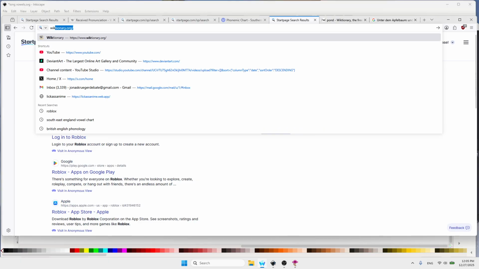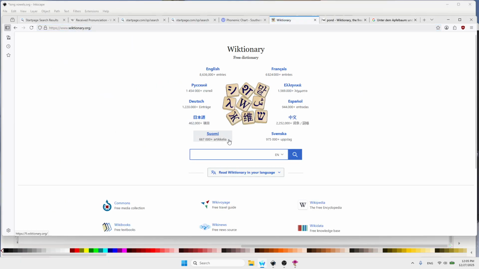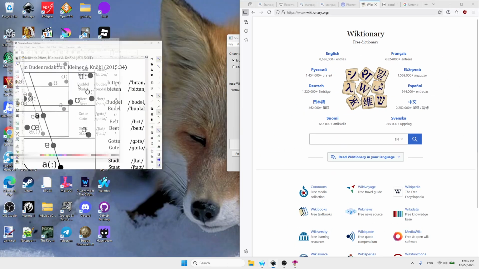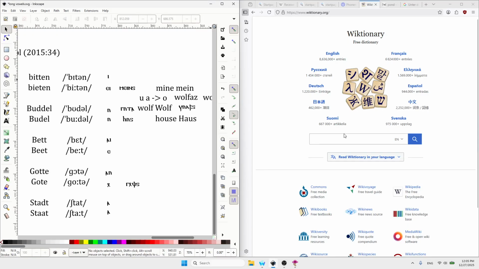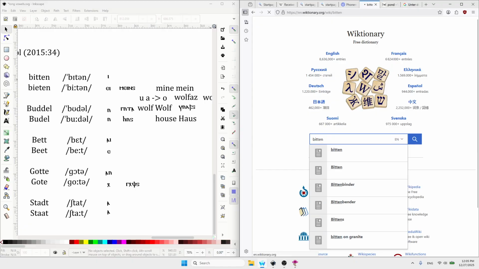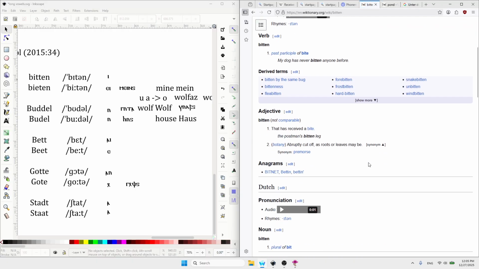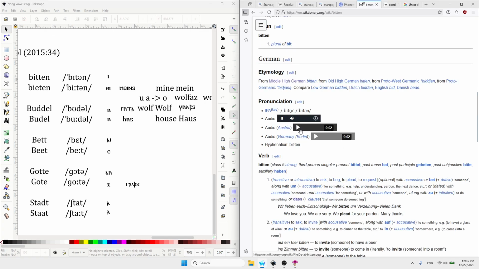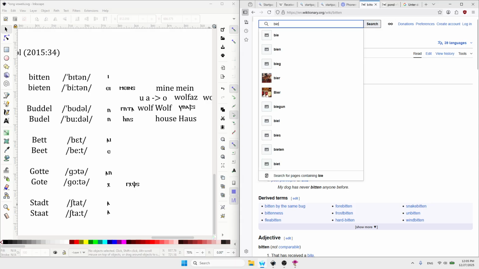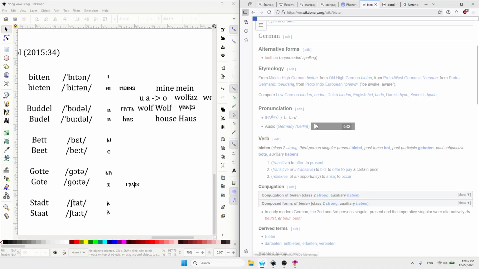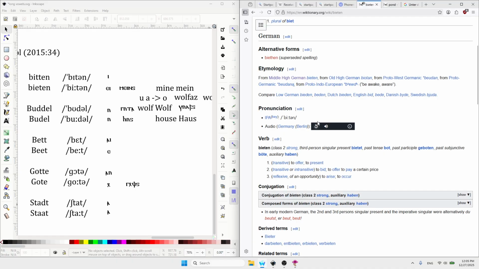I'm not really sure how good I am at that. I can open Wiktionary and let's just listen to these words. Bitten, bitten. Versus this word, bieten, bieten. Now, I don't know about you, but this does not sound long.